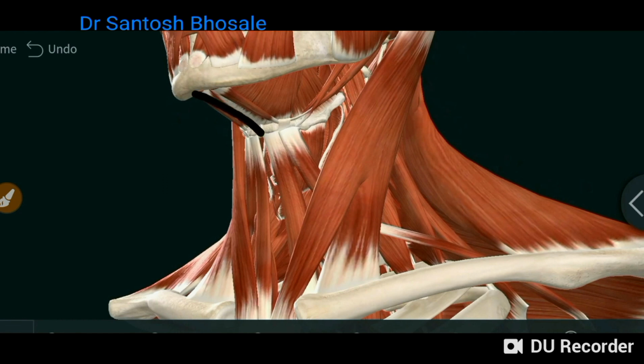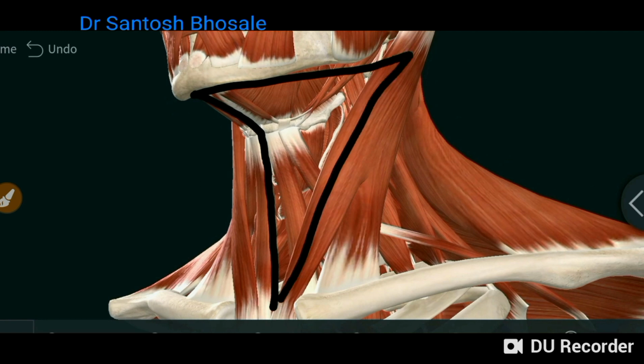So, it is just an arbitrary division of the anterior triangle. Many structures are common to all the subdivisions. So, for surgical exploration, these triangles and their boundaries are very important. You can see that is a digastric triangle, this is carotid triangle, and here you can see muscular triangle.